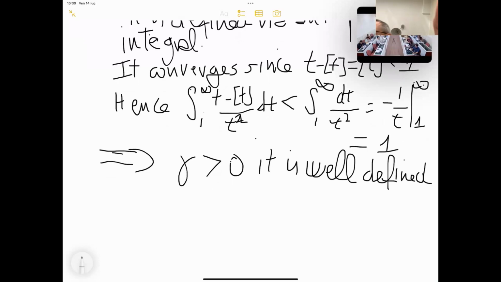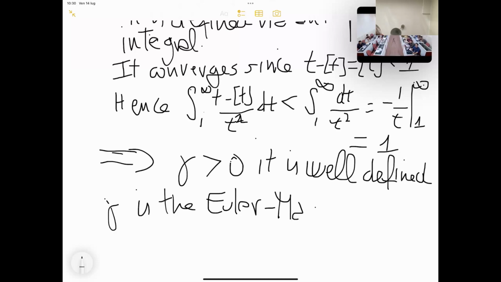Okay, and gamma is called the Euler-Mascheroni constant.